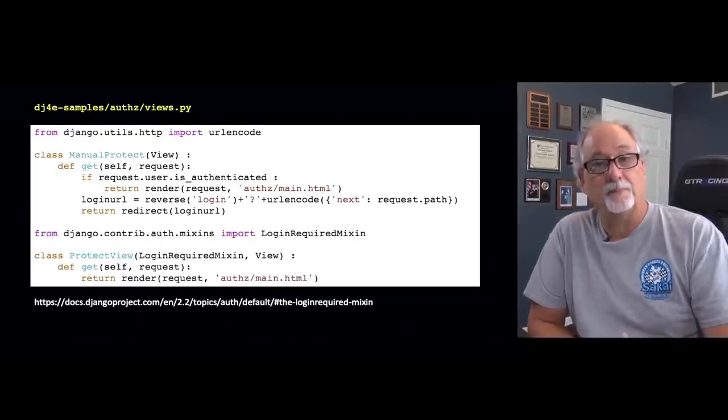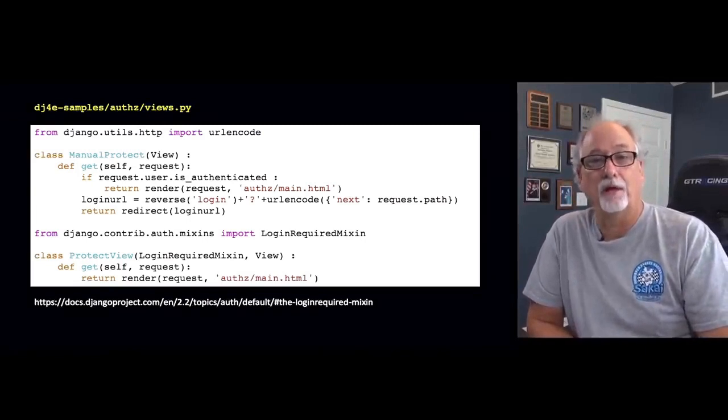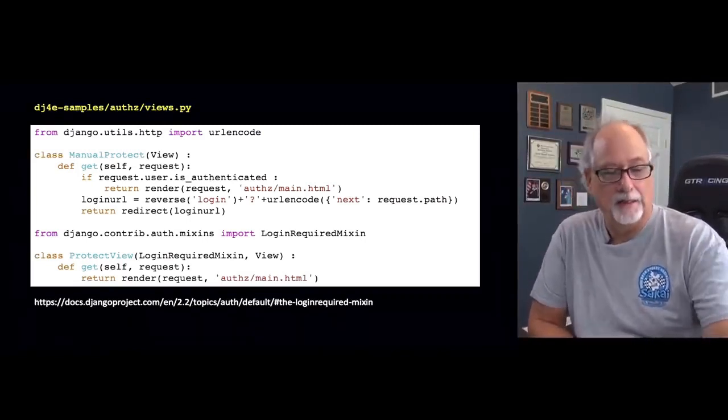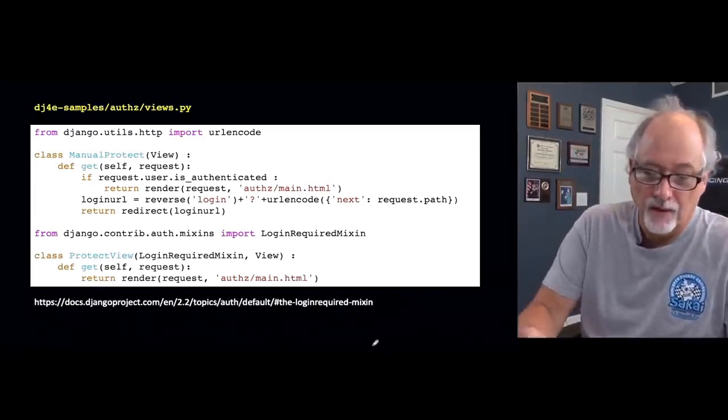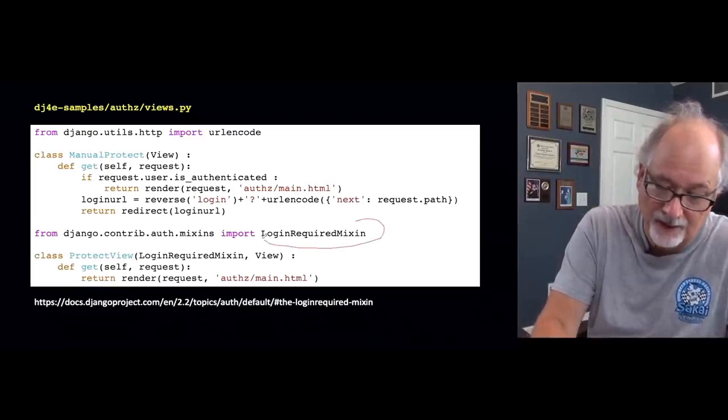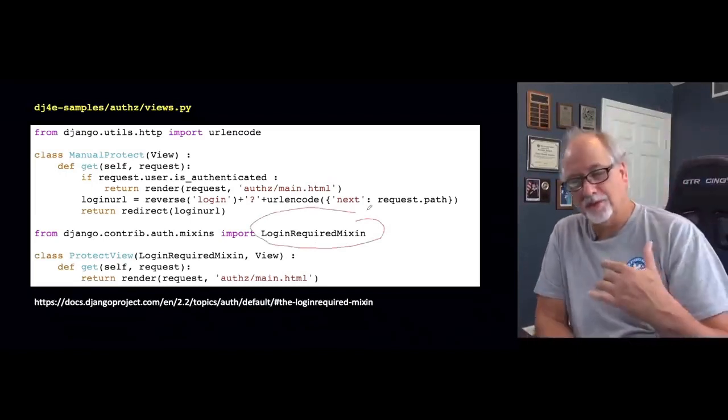Now, that's the bad way to do it, or the wordy way to do it. I mean, it's only 5 lines of code, but I don't like 5 lines of code. So there's this thing called a mixin, and a mixin is a class. The idea of a mixin is that we have kind of an inherited class. We inherit things that are like just a feature almost. So what we're doing is we're going to take our protect view.